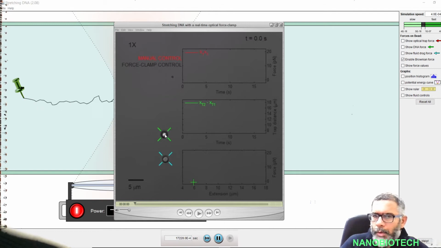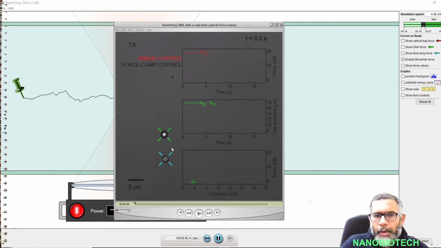The other one is also under the trap of another optical tweezer, but this one is movable, so he's moving it up and down. And what you don't see in this picture is that between these two spheres there is a DNA molecule. One end is attached to this one, the other end is attached to this fixed one.